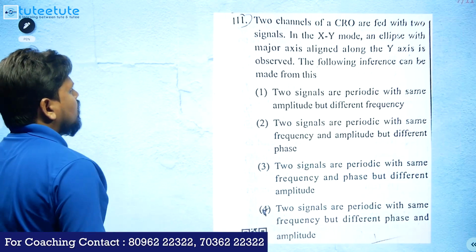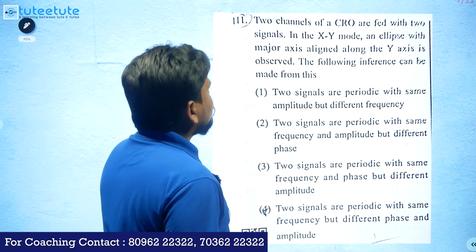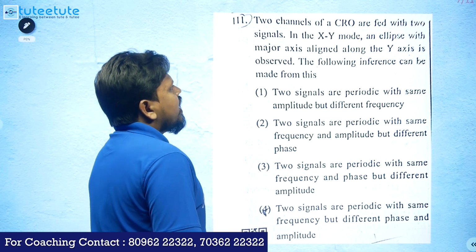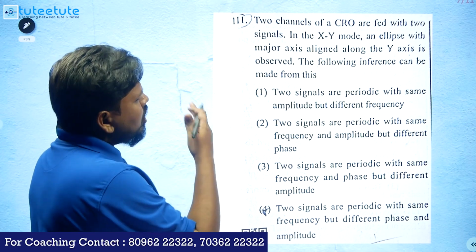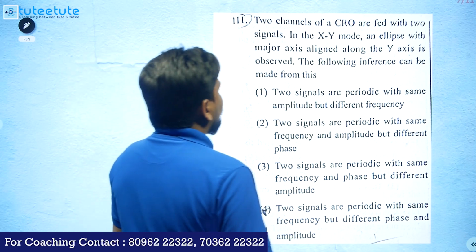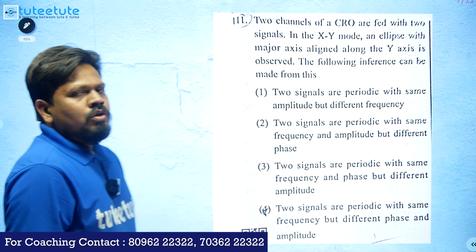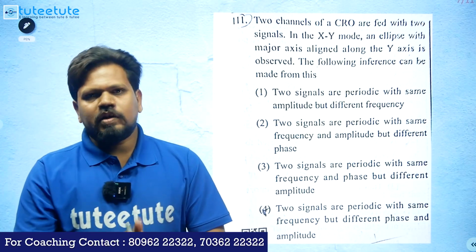Next question. Two channels of a CRO are fed with two signals in the XY mode. An ellipse with major axis aligned along the Y axis is observed. The following inference can be made from this. Whatever they have mentioned, we need to know our Lissajous figure first.